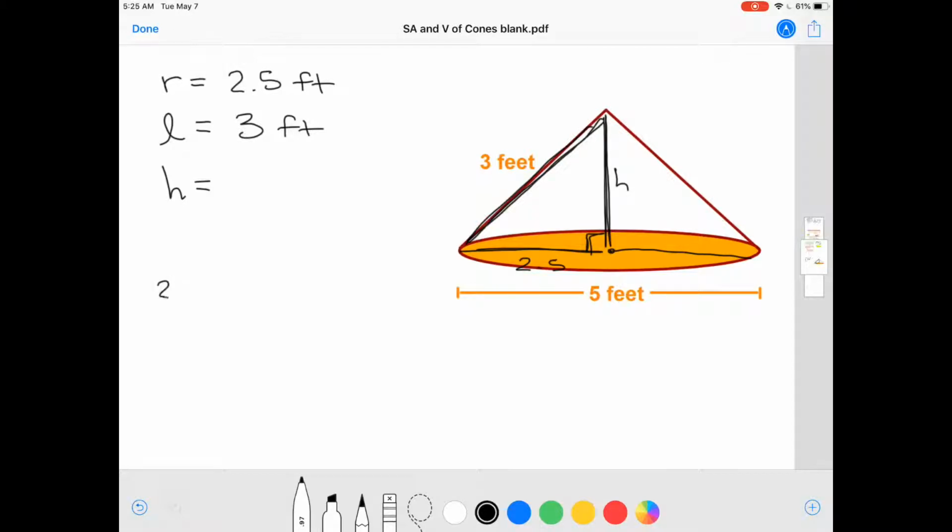We've got 2.5 squared plus the height squared equals the slant height squared. Alright, 2.5 squared, that's 6.25. We've got 9. 9 minus 6.25, 2.75.